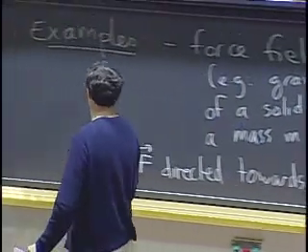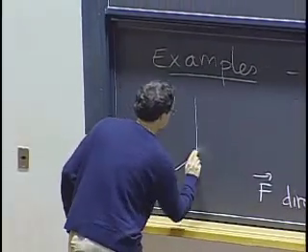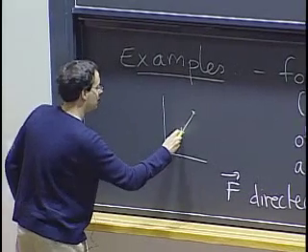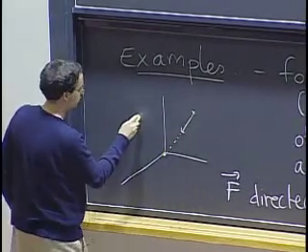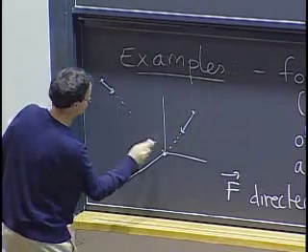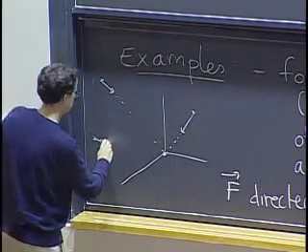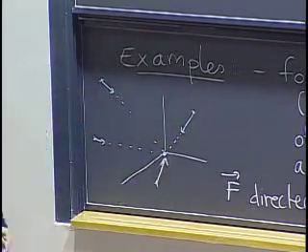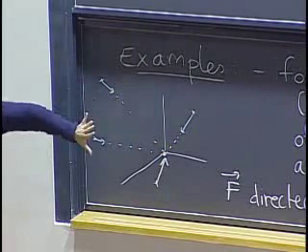If I really wanted to draw a picture, everywhere it's a field that points towards the origin, and if I'm further away, then it gets smaller. Of course, I'm not going to try to draw all these vectors.